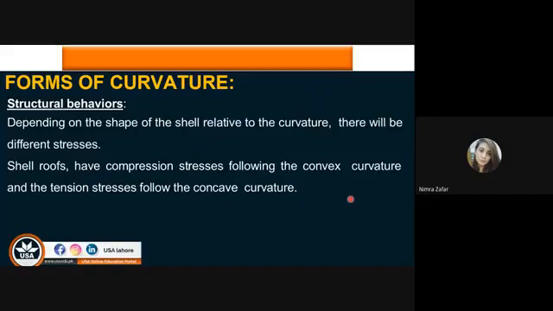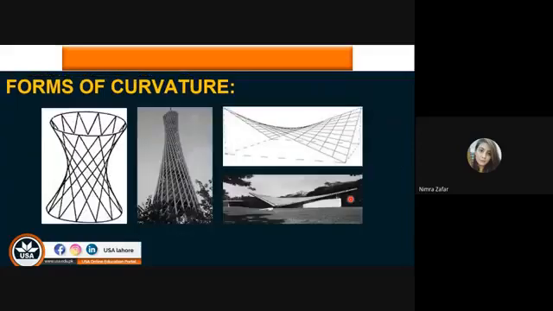We have the compression forces acting upon the convex side of the curvature, and we have tension forces acting upon the concave side. Okay. These are different forms of the anticlastic curvatures where we are basically rotating the straight lines. These straight lines are rotated along the vertical axis.